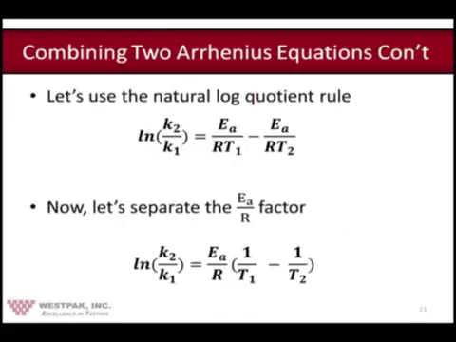So we have the log of the rate K2 over K1, which, as he pointed out, is unitless, equal to activation energy divided by the gas constant times temperature 1 minus activation energy divided by the gas constant times temperature 2.